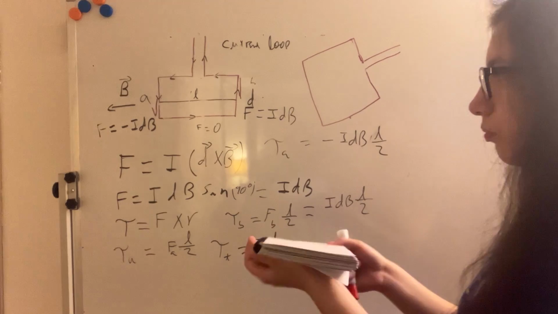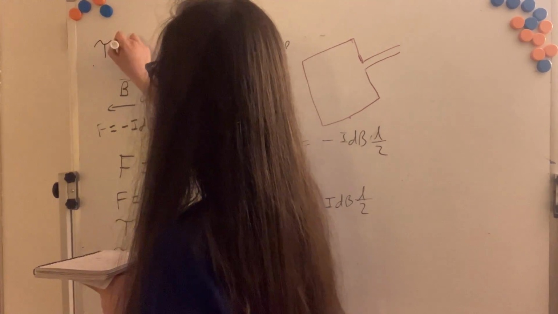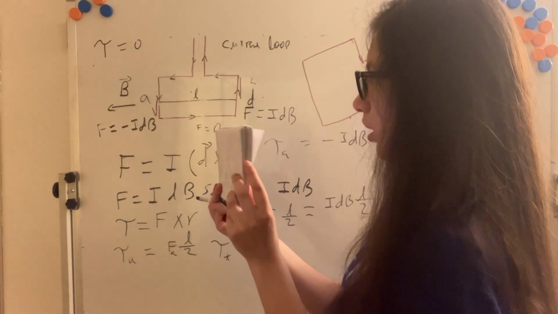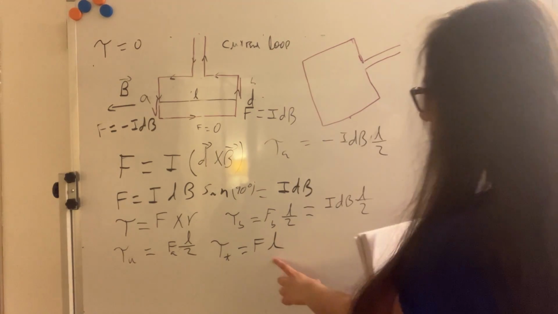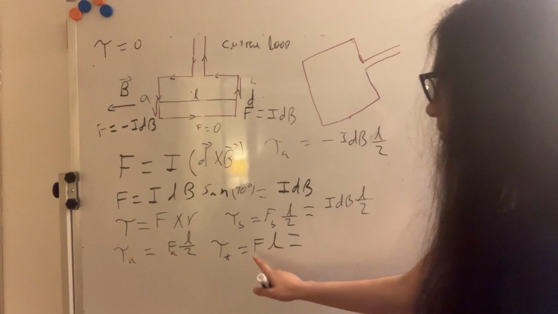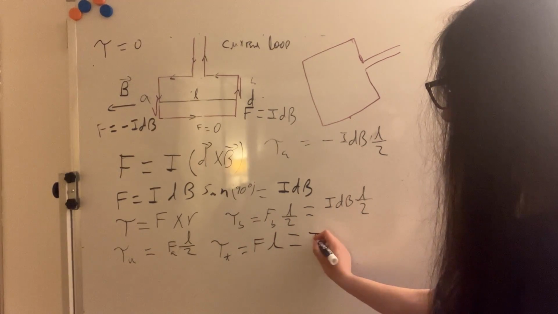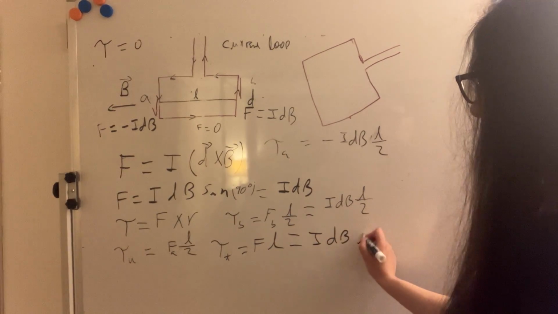So the torque is 0 when the current loop is at a 90-degree angle. So this is the torque. The torque is the magnetic force, that is I, D, B, and then the length.